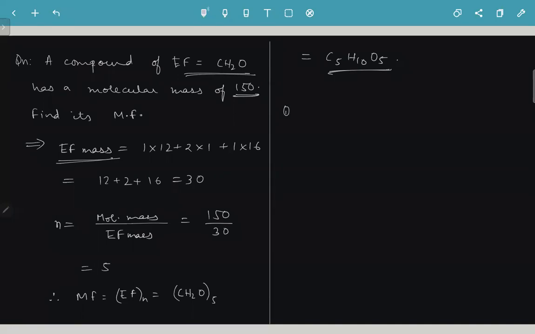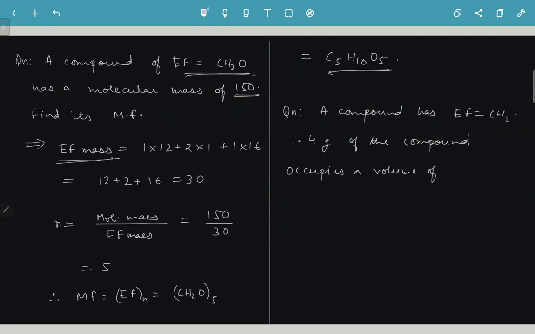Look at one more question. A compound has empirical formula CH2. Now it is given that 1.4 grams of the compound occupies a volume of 1.12 liters at NTP.